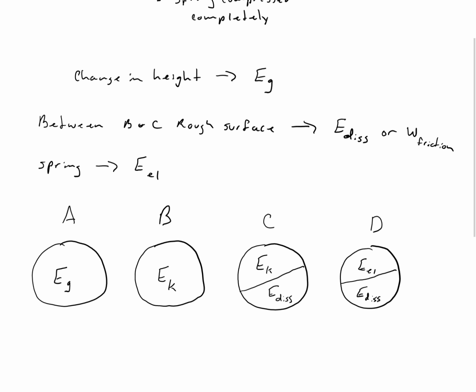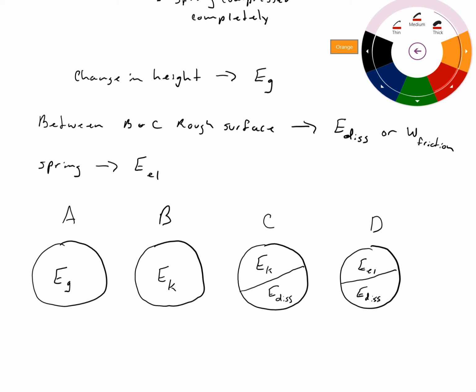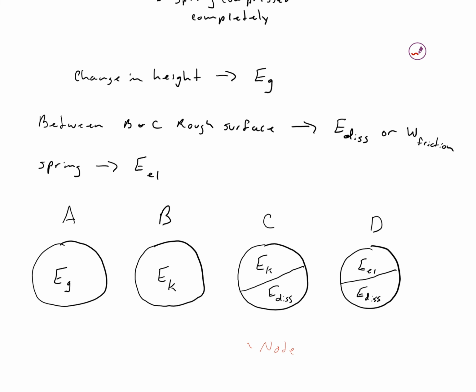Now the little thing to note down here, so let's put this in red. Note. Once you place energy in dissipated, you can't get it back. That's one reason we call it dissipated.